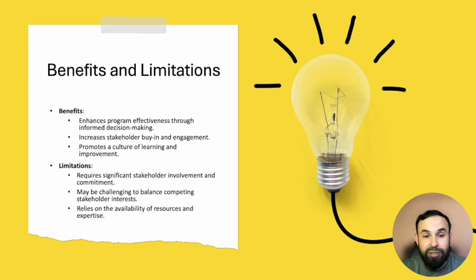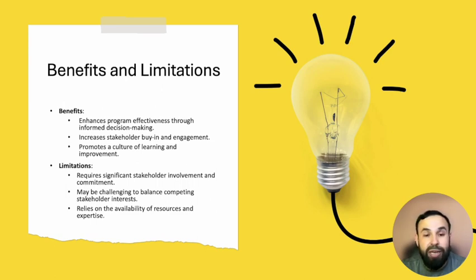Next, the limitations. Some of the limitations are that it requires stakeholder involvement and commitment. Although it does require some stakeholder involvement, it actually requires all of the stakeholders, and that is one of the limitations. Next, it may be challenging to balance competing stakeholder interests.